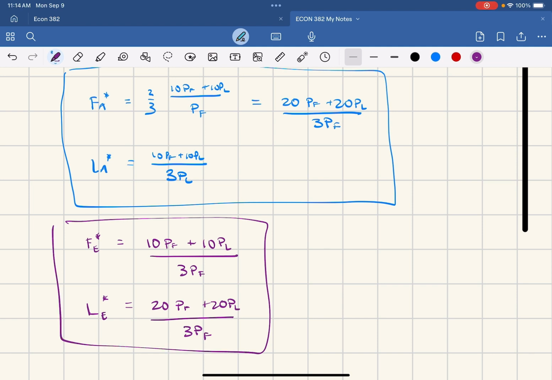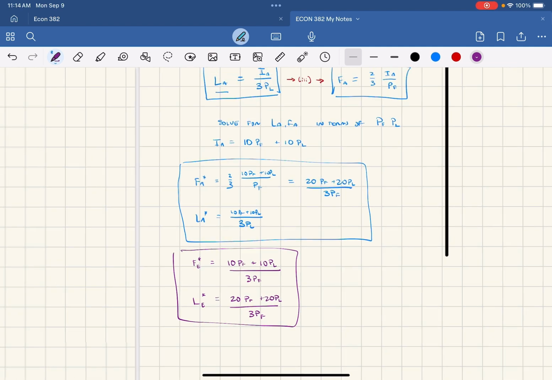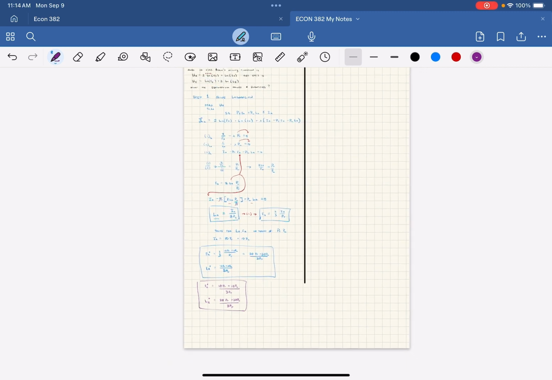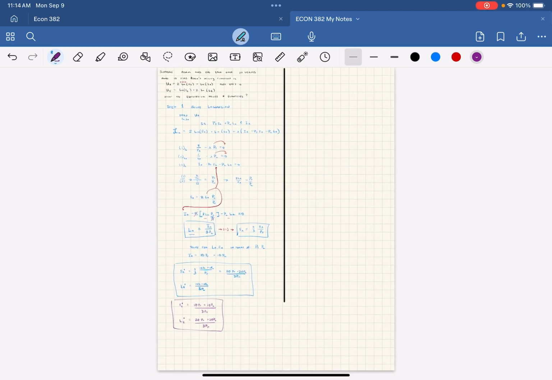So that right there is the end of step 1, where we have solved for the optimal demand for Adam and Eve.